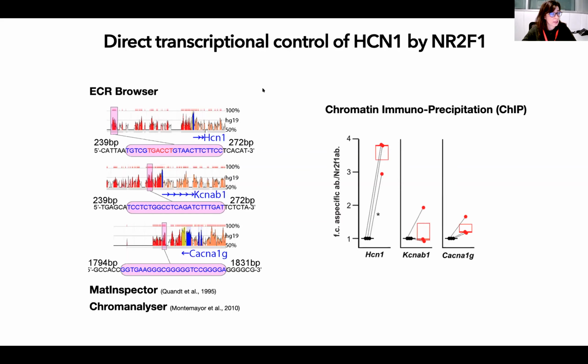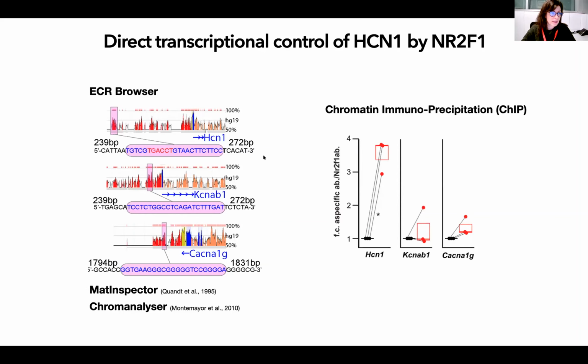We used the ECR evolutionary conserved browser to identify this domain that is characteristic for the binding of NR2F. For this, you also have these two bioinformatic tools. Specifically, this ChromAnalyzer was developed in the context of understanding the sequences binding to NR2F1. We identified this conserved motif, and very similar motifs, but not the same, in 2 additional channels.